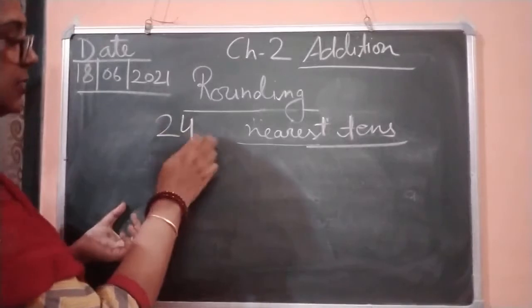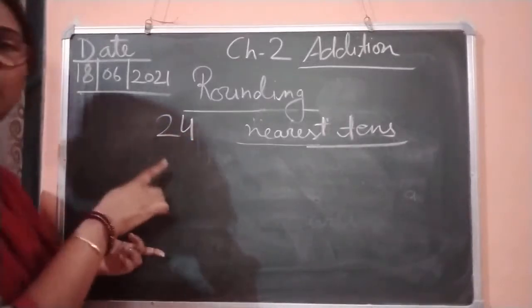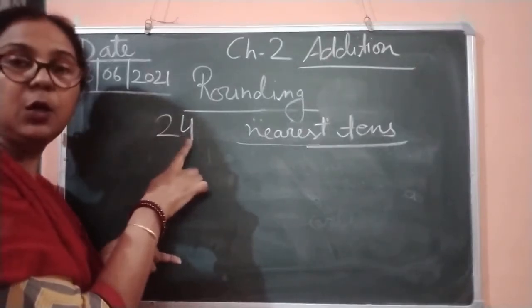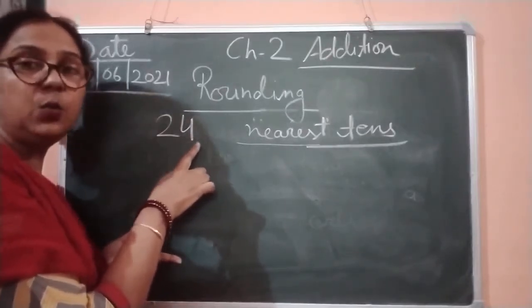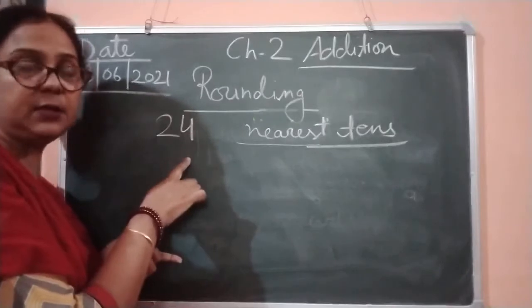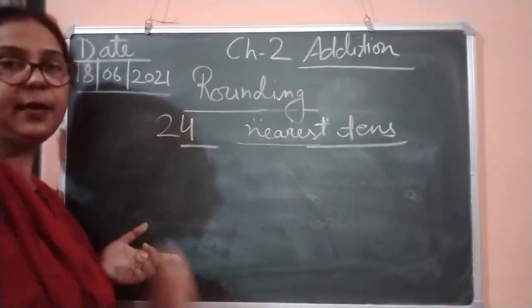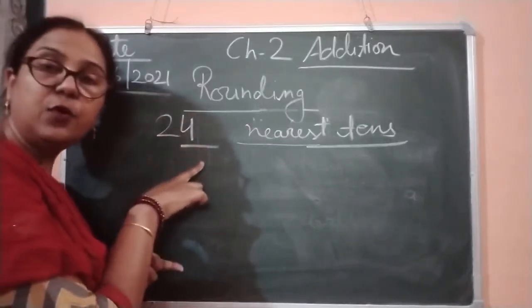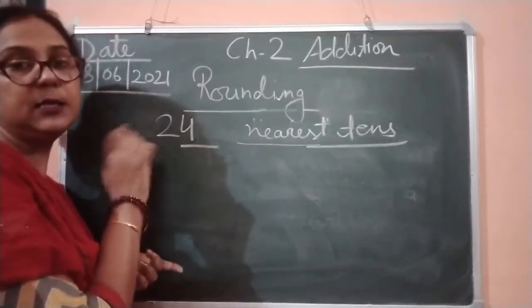So we have to look first at the ones column. What is at the ones place, we will see that first. Only 4 is there. So this is 24 and at the ones column, 4 is there.